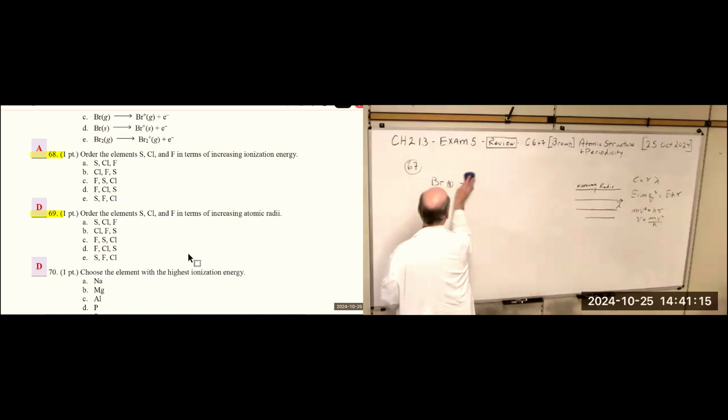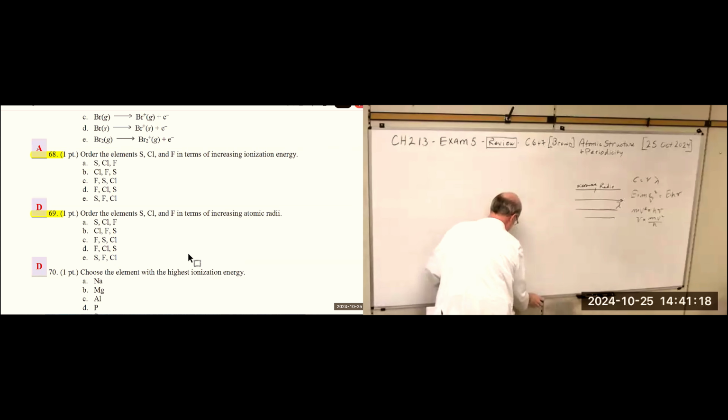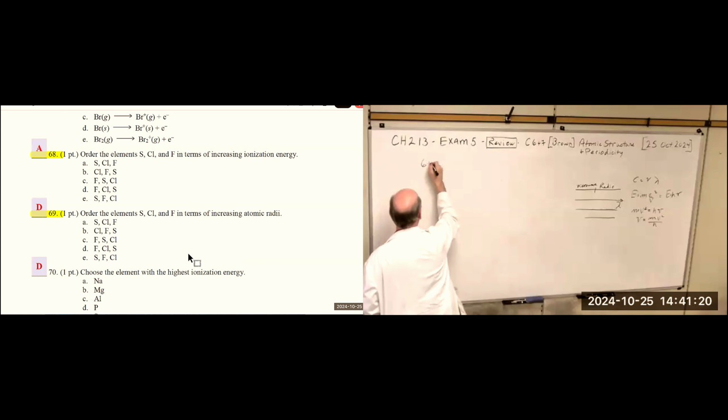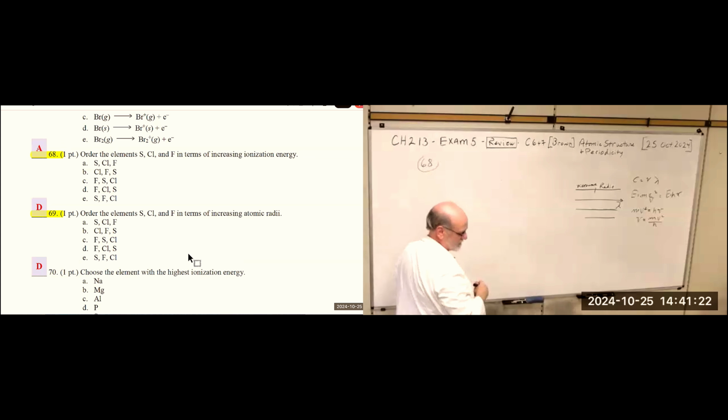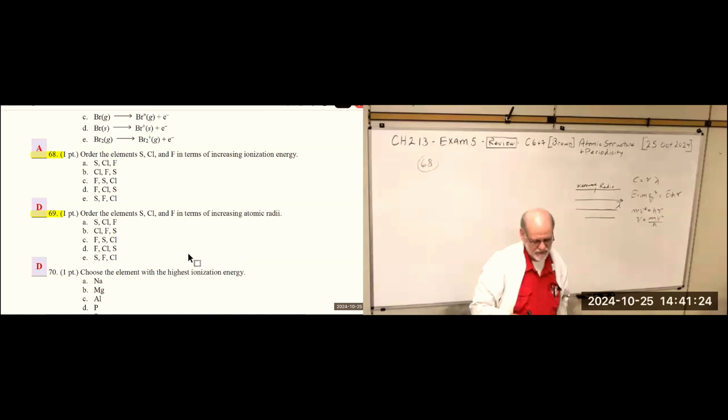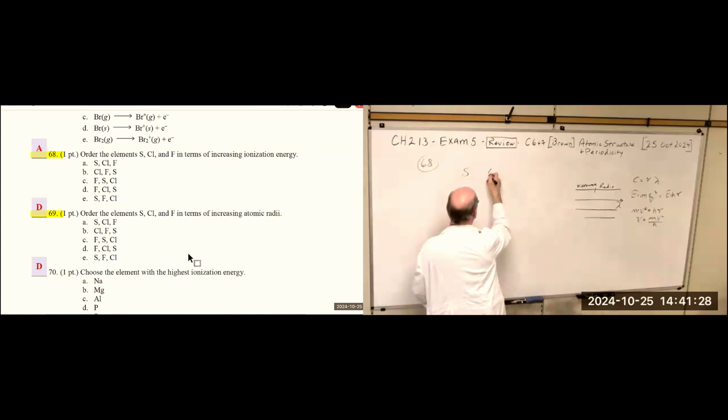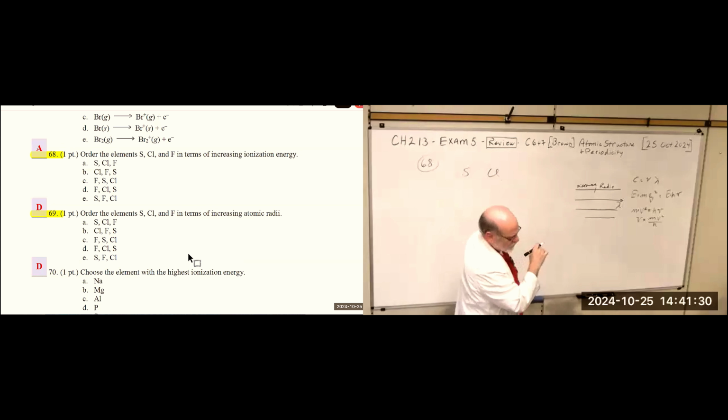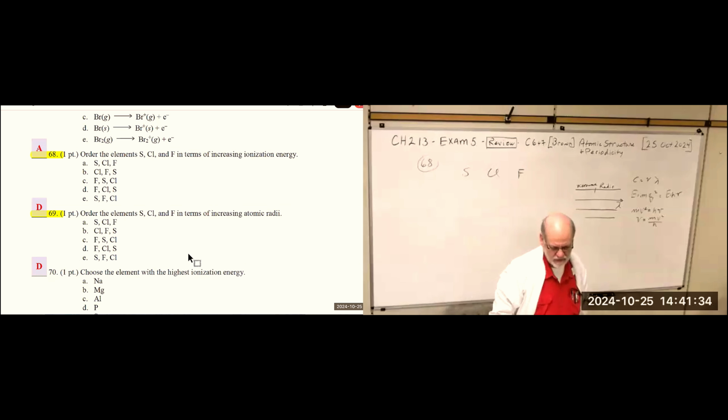68. Order the elements sulfur, chlorine, and fluorine in order of increasing ionization energy.